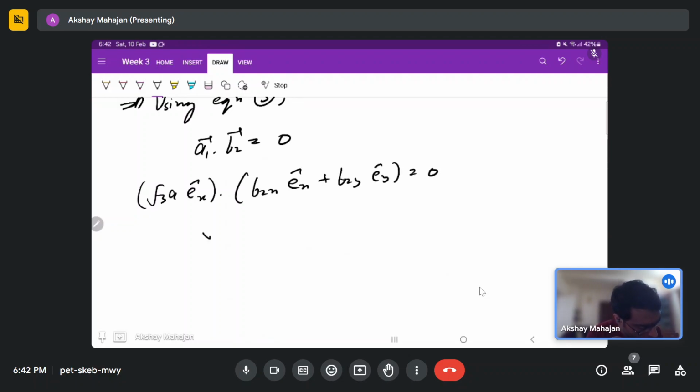What we get is root 3a times b2x has to be equal to 0. Alright, because ey cap will automatically be 0, so our b2x will be equal to 0.